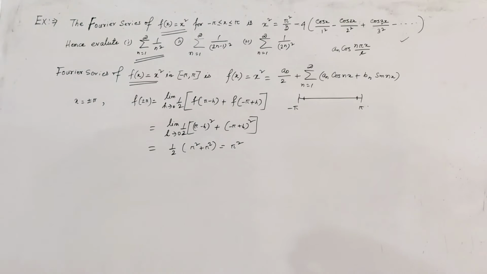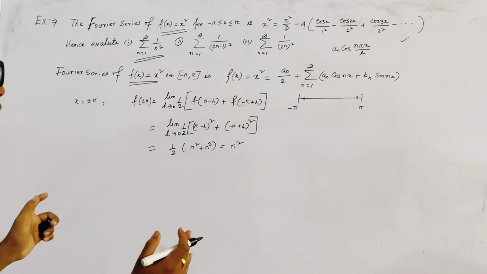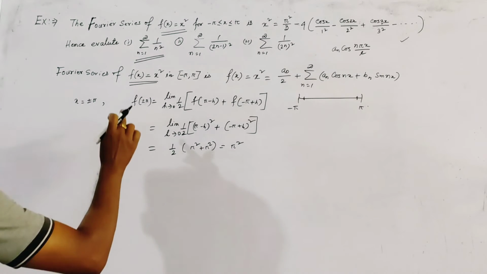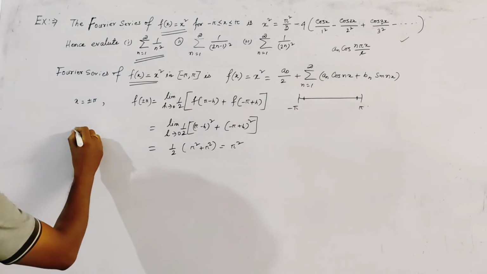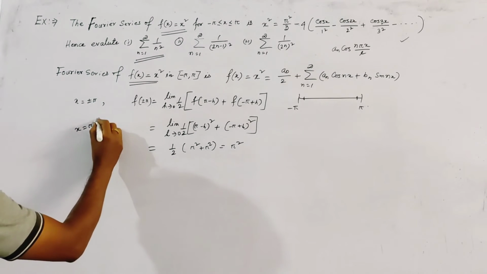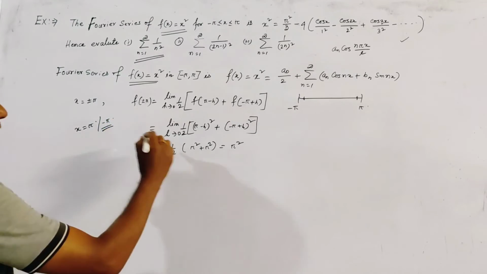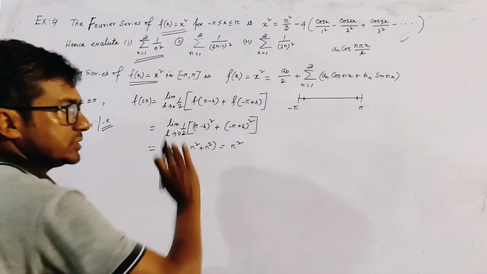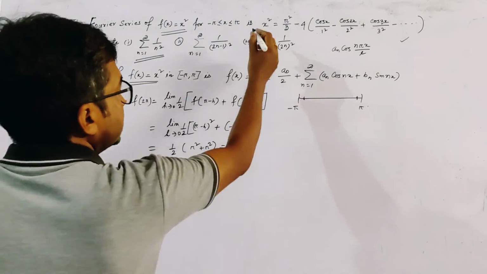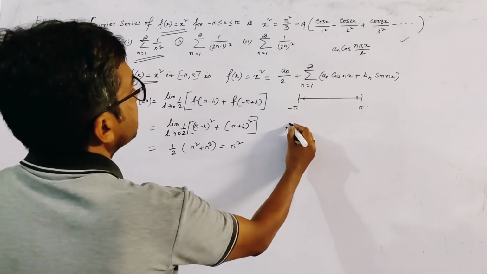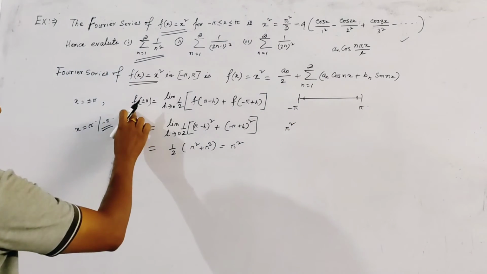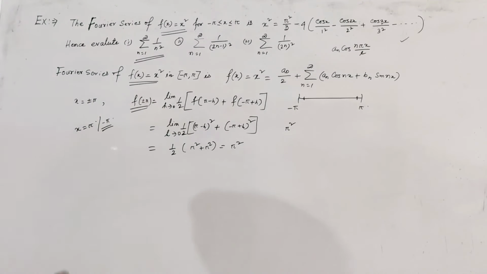Now we use any one of the extreme values, that is we put either x equal to pi or x equal to minus pi in the given Fourier series and get the result. The left side result is pi square, because we already found the value of f of pi or f of minus pi.